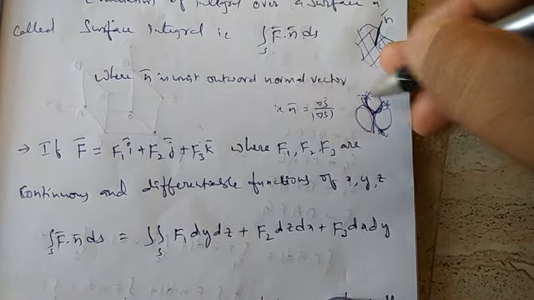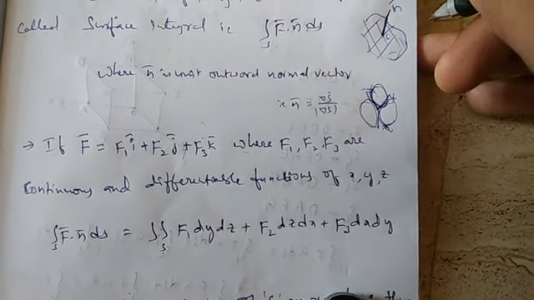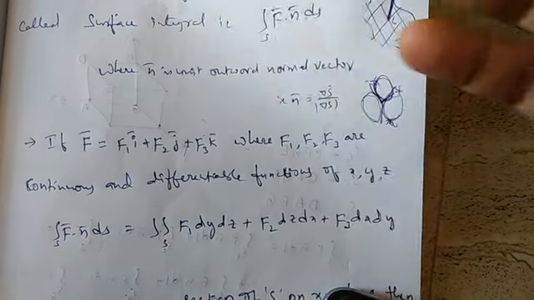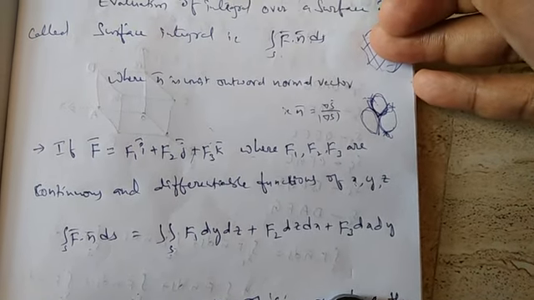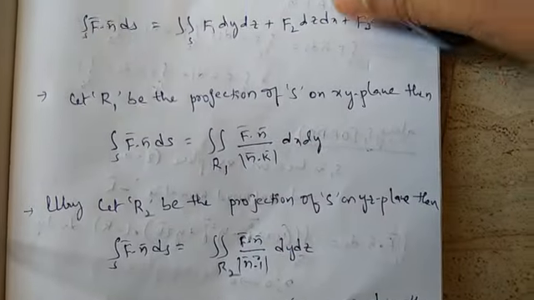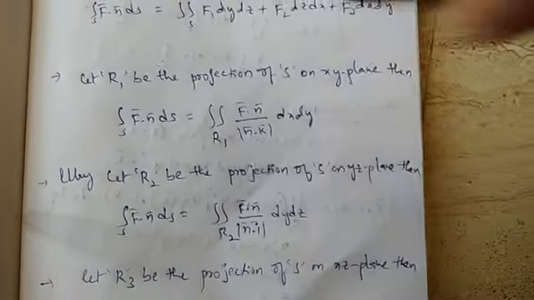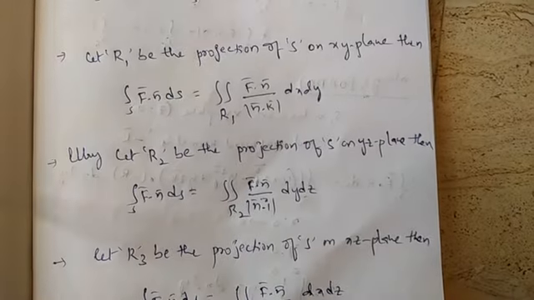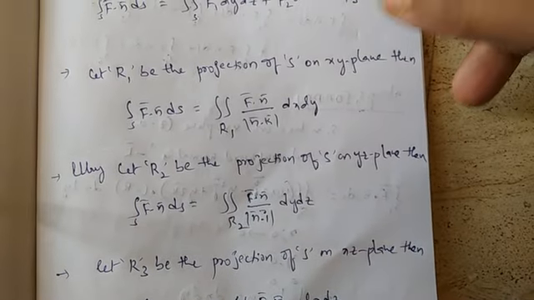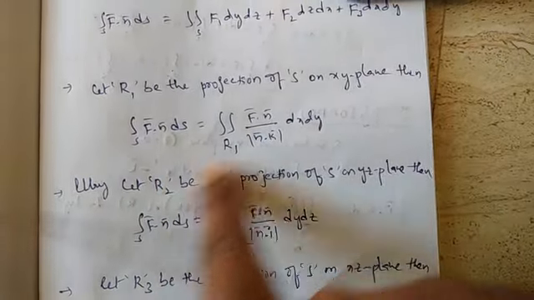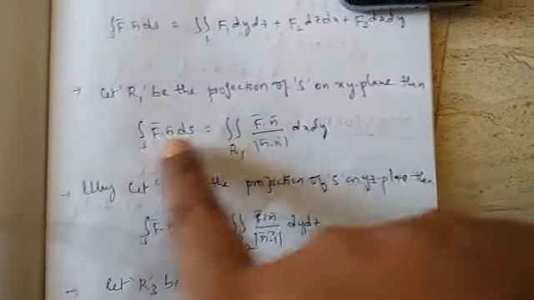Some surfaces are not parallel to or do not lie on the coordinate planes. For those surfaces we use projection, projecting the surface on the xy, yz or zx plane. For that we use these relations.